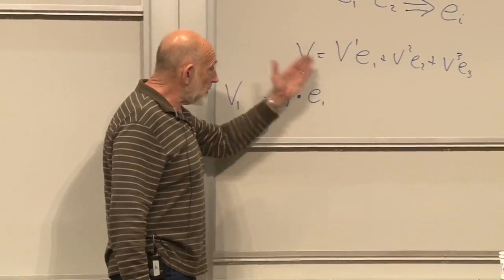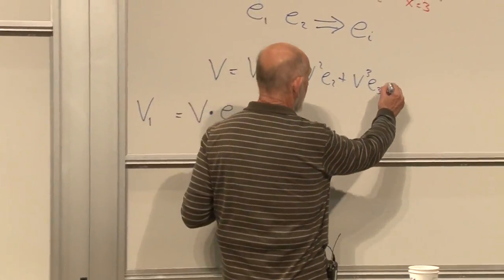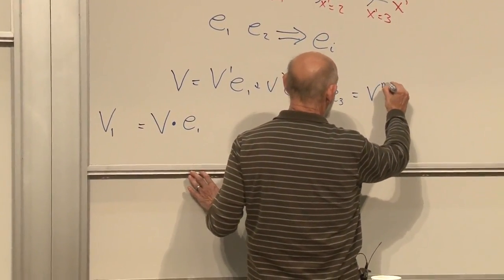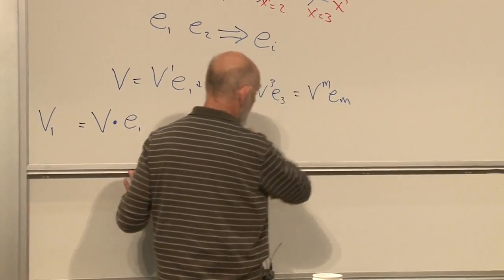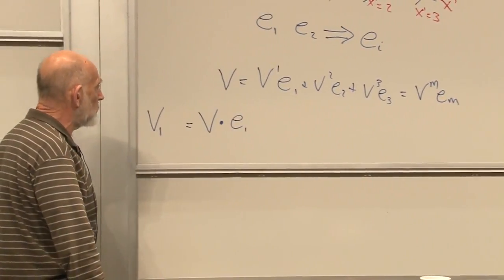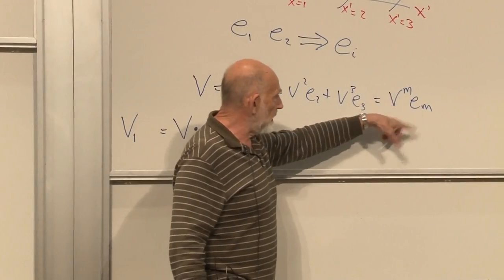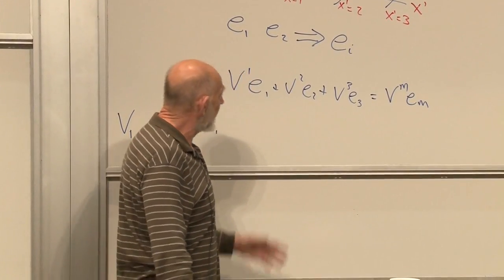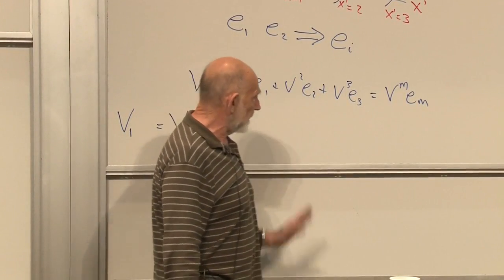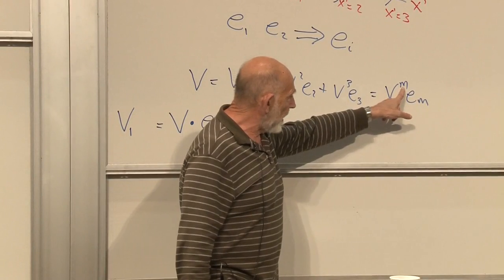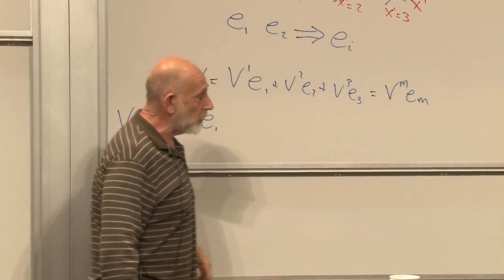All right. Notice how things fit together. We can also write this here as V^m E_m, Einstein summation convention. This means V^1 E1 plus V^2 E2 plus V^3 E3. Notice I've concocted things so that an upper index always goes with a lower index.